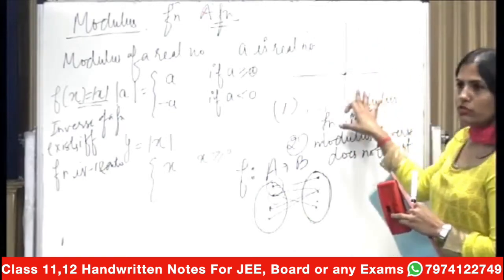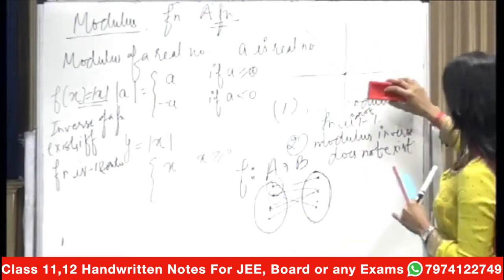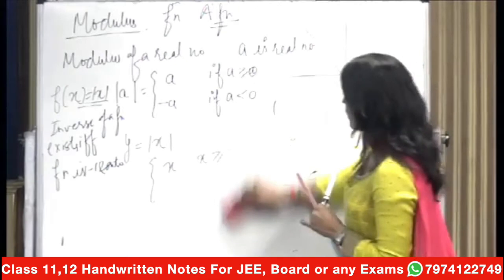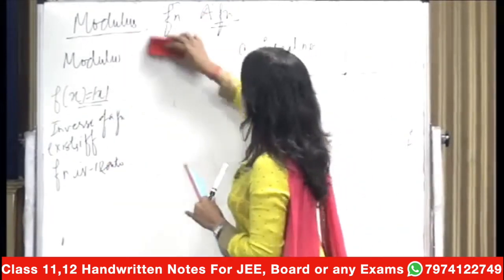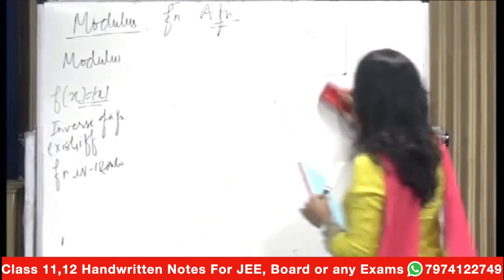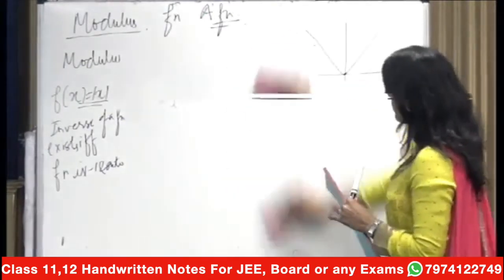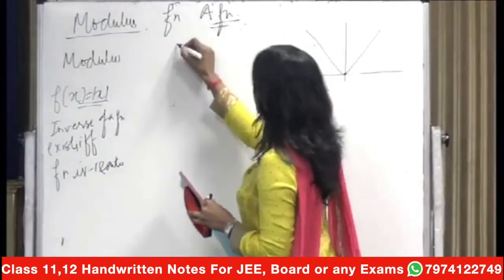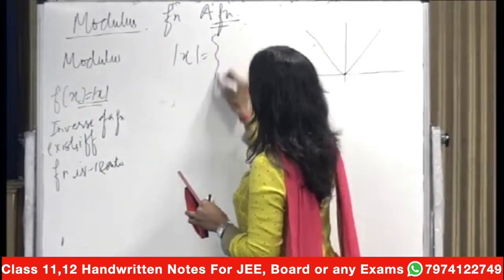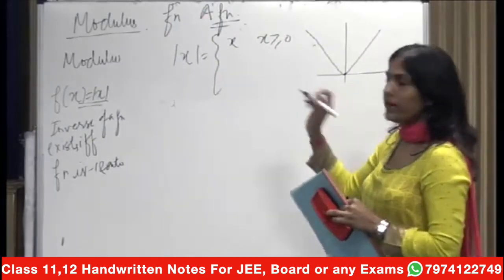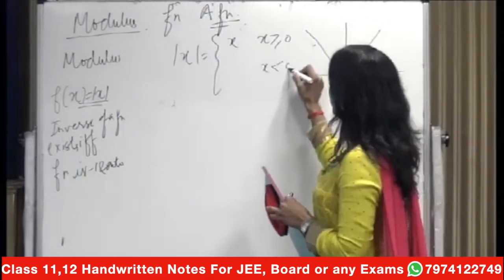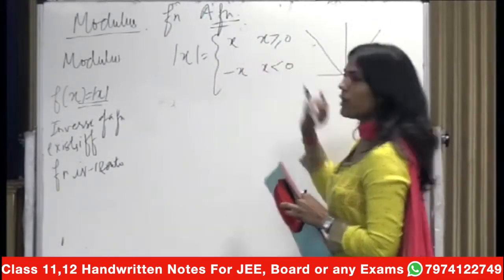Graph of this function is this. How we have got it, I am telling you now. How to draw modulus functions basically: mod x will be x for x greater than or equal to 0. For x less than 0, this will be minus x.